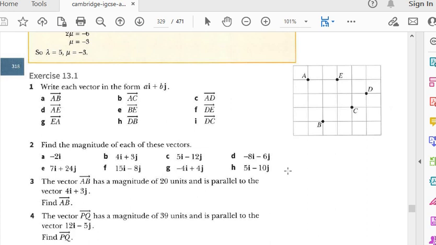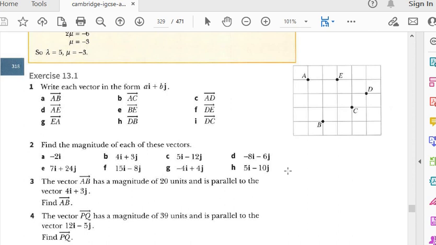You know, vectors are those quantities which have both magnitude and direction. So vectors means magnitude along with direction.